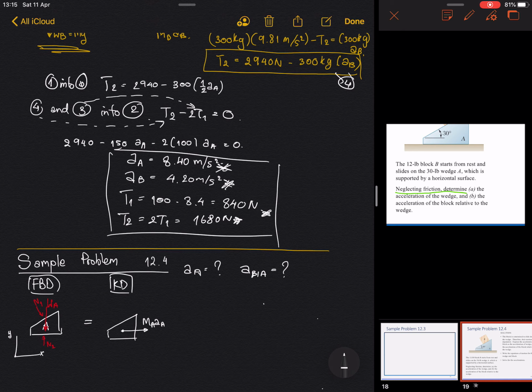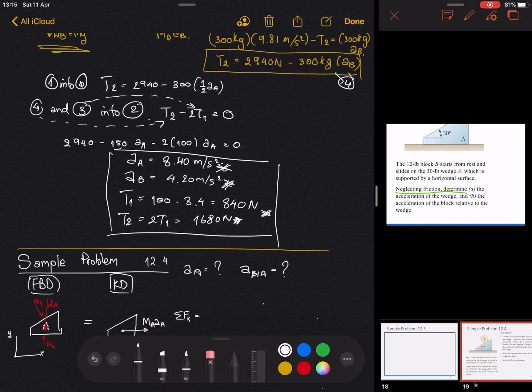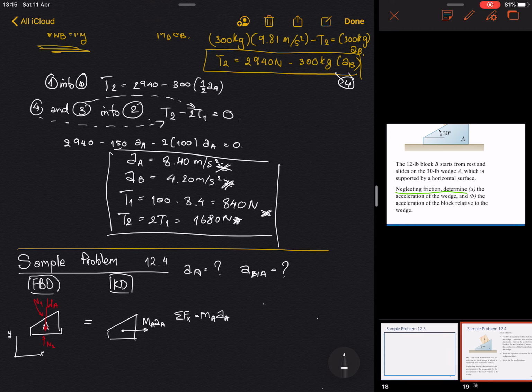And next, okay, then first we have to solve the equation again. This one we draw: sigma Fx equal to, no, sorry, equal to m a, with acceleration A. And then in this case, this is 30 degrees, right?